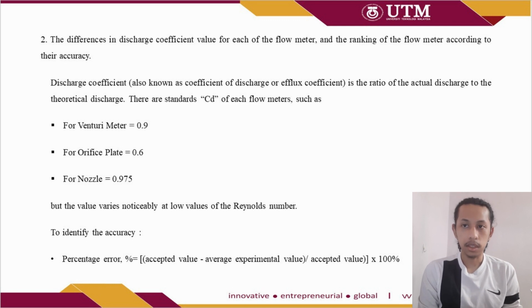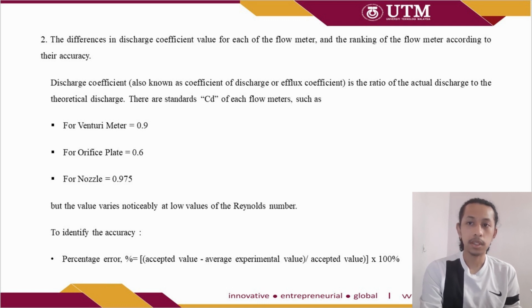The standard CD of each flow meter is 0.9 for the venturimeter, 0.6 for the orifice plate, and 0.97 for the nozzle. But the value varies noticeably at low values of the Reynolds number. To identify the accuracy we use the percentage error, which is the accepted value minus the average experimental value over the accepted value, times 100%.